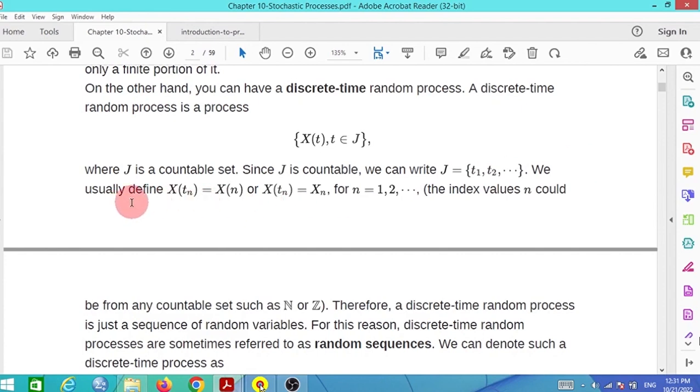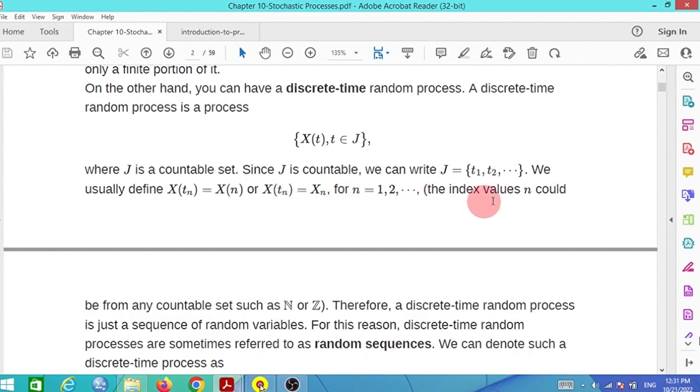We usually define, when the random variable is a discrete time random variable, by this notation x parenthesis t of n. We can write xt, or we can write x index n for n equal to 1, 2, and so on.